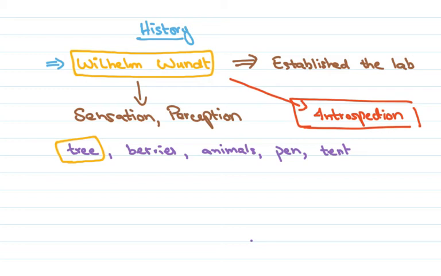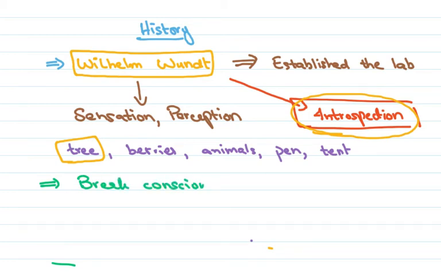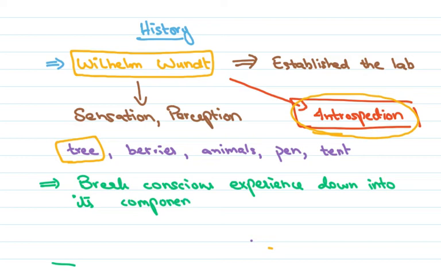Now, what Wundt was trying to do using this method was really follow the zeitgeist of the times. He was trying to break conscious experience down, because that was what he believed to be the subject matter of psychology, into its components, very much like how in physics, researchers were trying to break down matter into its components.